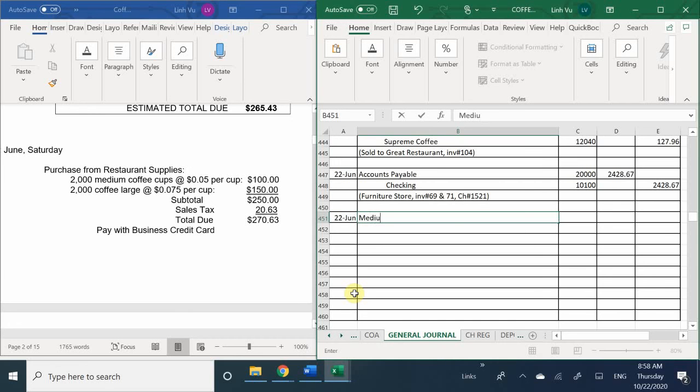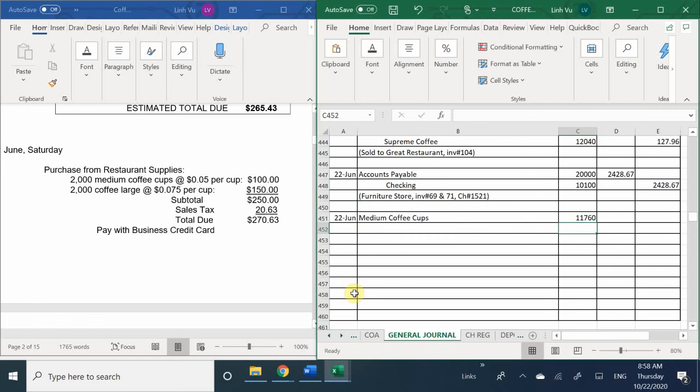Do we have an account called Medium Coffee Cups? Yes, 11,760. Good.